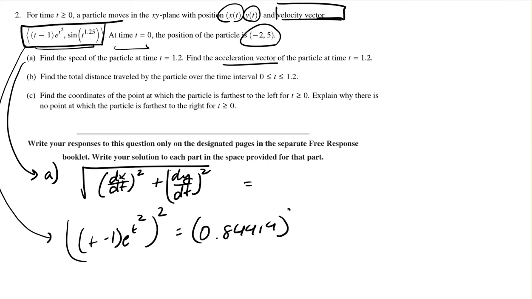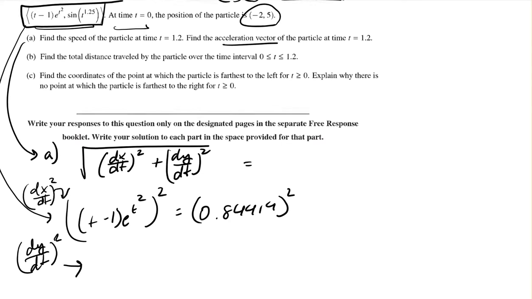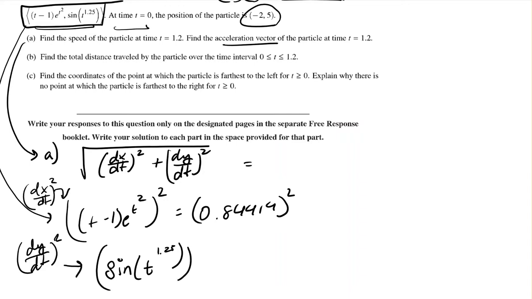0.84414 squared, and this is dx/dt. Then dy/dt squared equals sine of t to the 1.25, squared, which gives 0.95085 squared.